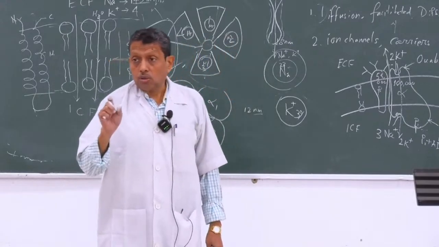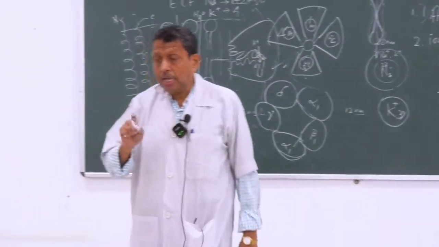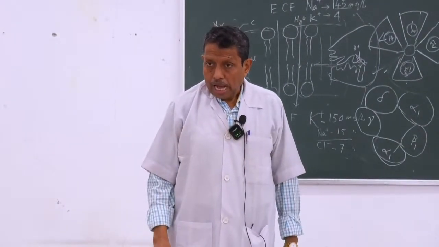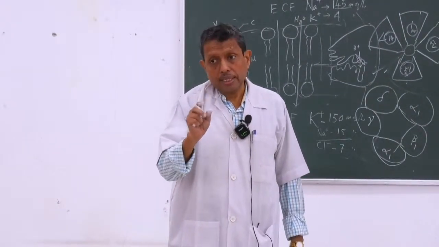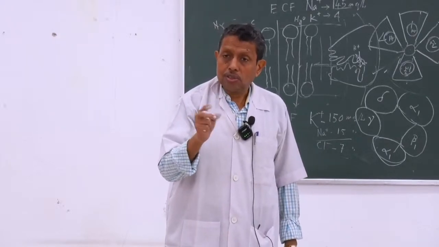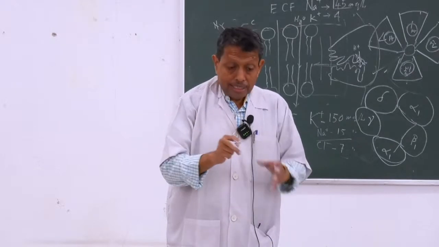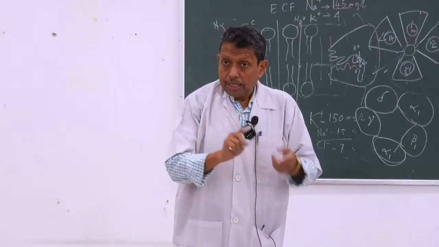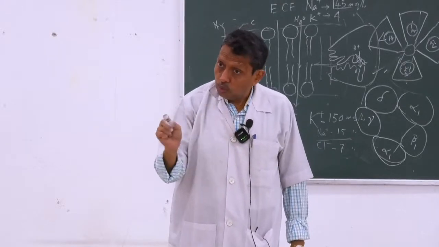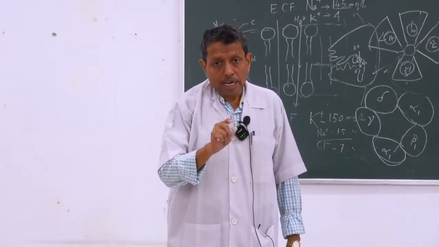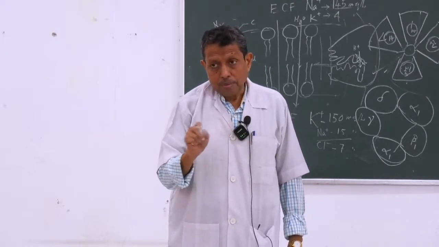Due to leak channels or other channels, and the Donnan effect, which we will discuss the other day, there is entry of some ions within the cells. In plant cells they have a rigid cell coat, but in vertebrates it is only a plasma membrane.